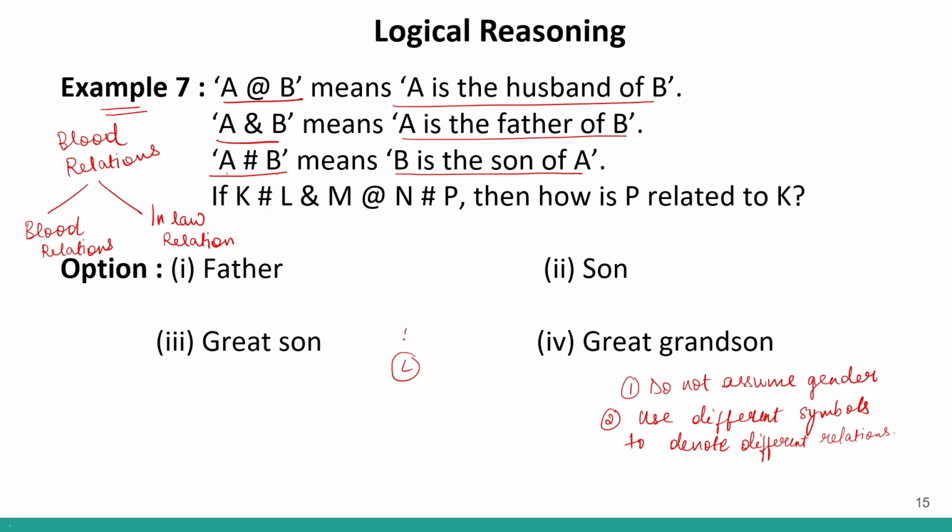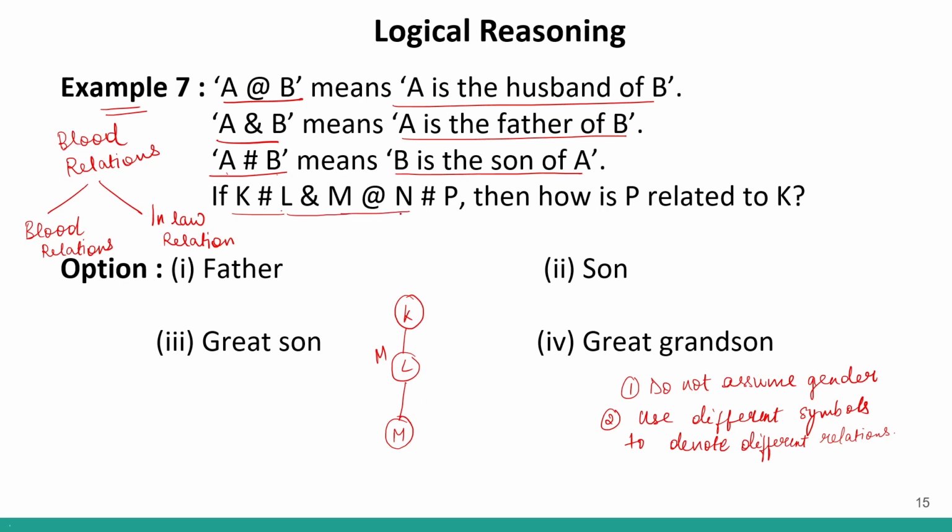So L is the son of K. L is the son means L is the male. But for K, we cannot assume the gender. Now, L and M means L is the father of M. So L is the father of M. Again, for M, we cannot assume the gender.